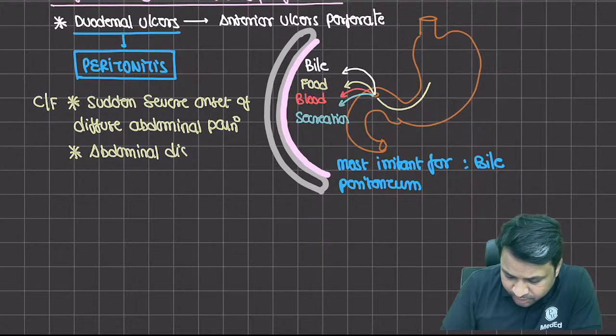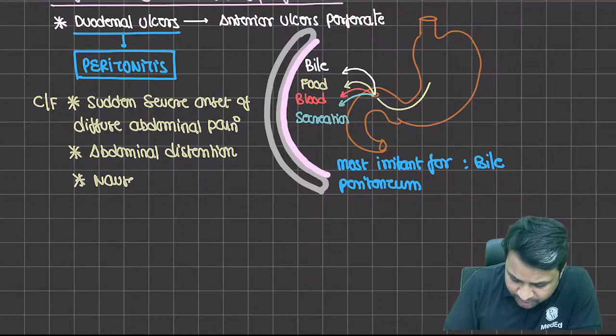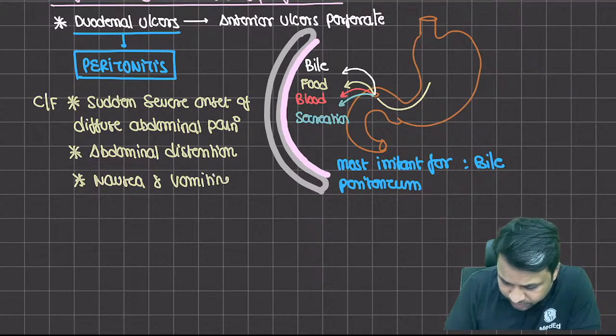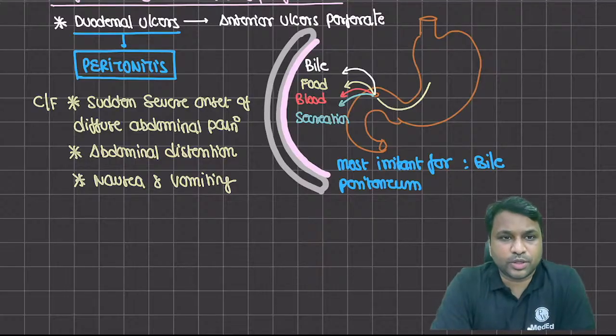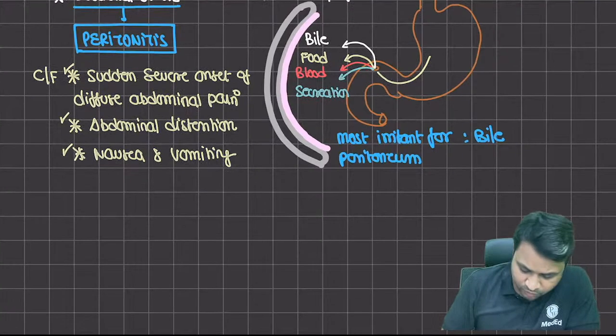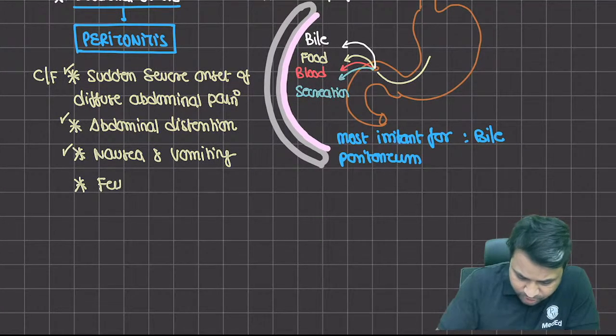Remember, every intra-abdominal inflammation will cause paralytic ileus. Because of paralytic ileus, it will be associated with nausea and vomiting. So, there's sudden severe onset of diffuse abdominal pain, associated with abdominal distension, nausea and vomiting. Along with that, the peritonitis will also trigger fever.